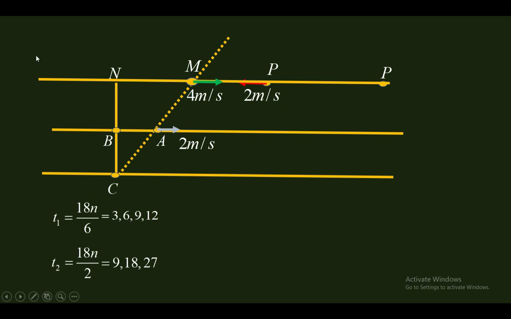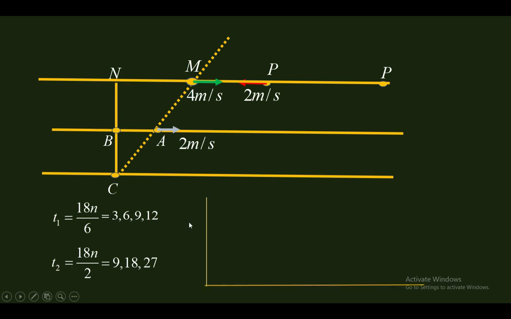At 18 seconds, another pole will cross N. At 27, the third pole will cross N, and so on. At the times 3, 6, 9 and 12, poles will cross M and come into the window. At these other times, poles will cross N and go out of the window. So at 3, 6, 9, 12 the count of poles in this window will increase by 1, while at 9, 18 and 27 the count will decrease by 1.